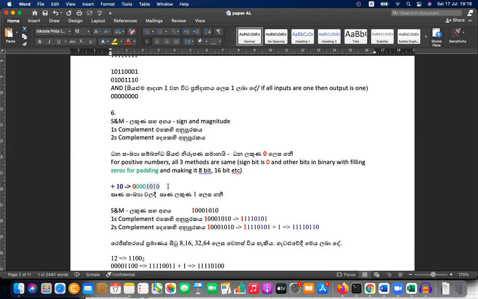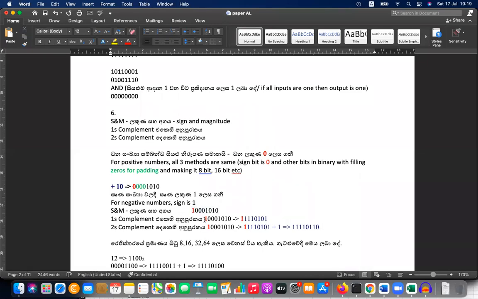In sign and magnitude, for negative numbers, the sign is 1, and you keep the same magnitude. The sign is different, but the value is the same.